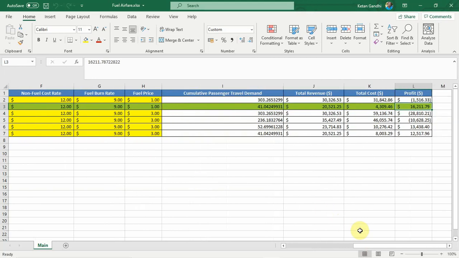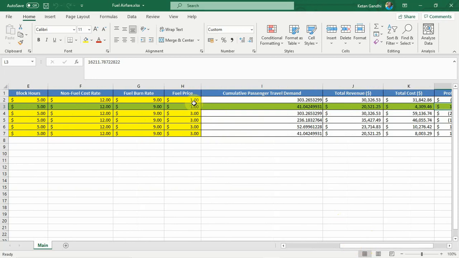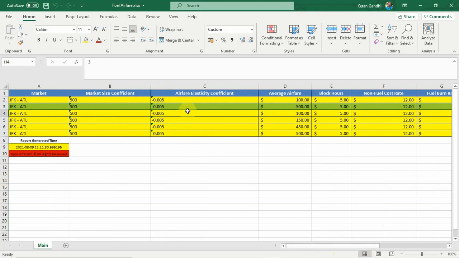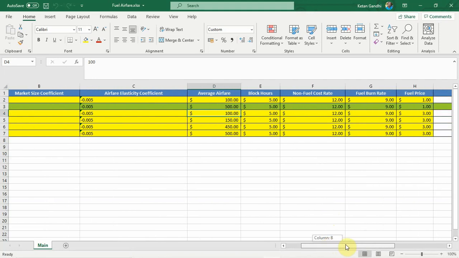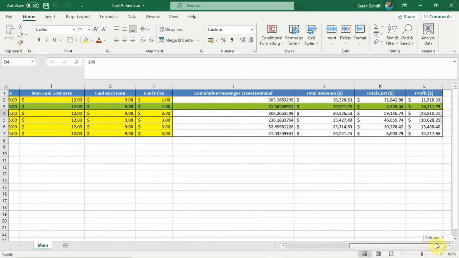So this is how a fuel price increase affects the profitability of the airline, with changes of the airfare suggested by the airlines. The rest of the parameters remain the same, and they can check which airfare to suggest to the passengers and at the same time check their own profitability.